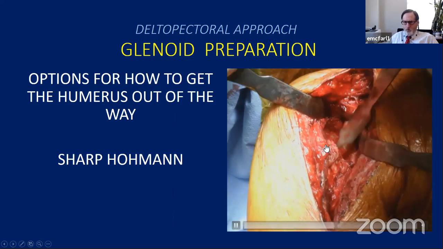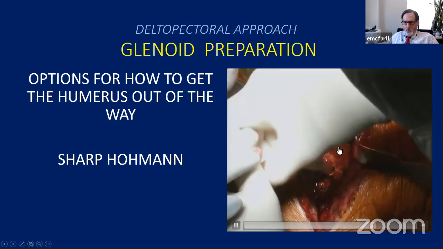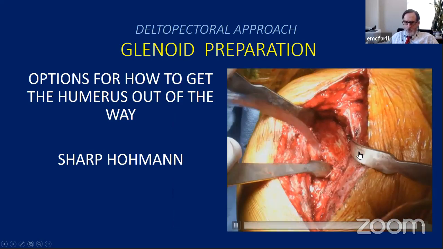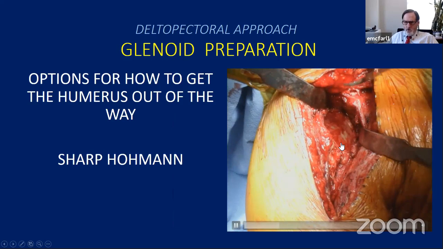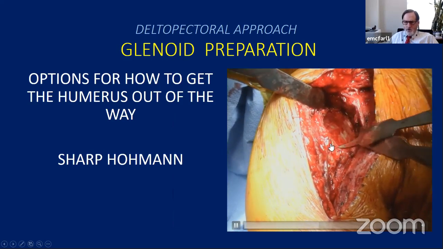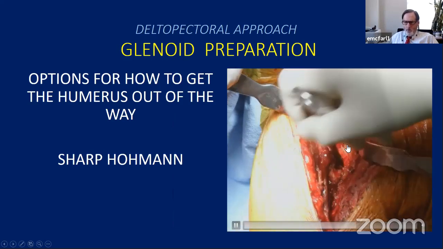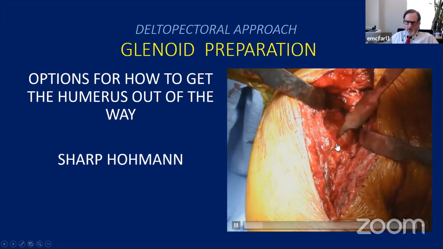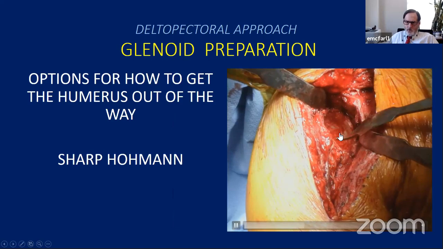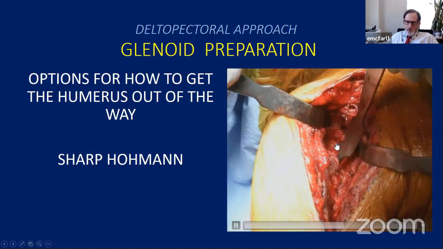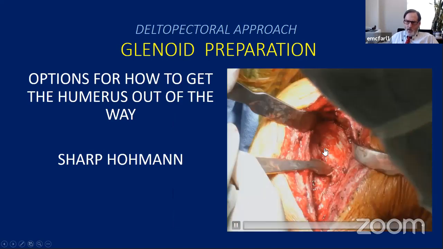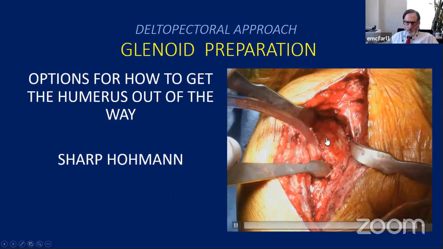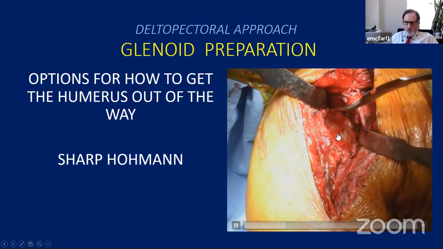The problem is the humerus gets in the way. And so one of the key things is to release the capsule along the glenoid circumferentially. That allows you to get the humerus out of the way, and you can stick a sharp Homan down there. The reason you want exposure like this is, first off, you want a straight shot at the glenoid. And the other is when you go to ream, you want to be able to ream without destroying the humerus or other things. So sharp Homan sometimes works.